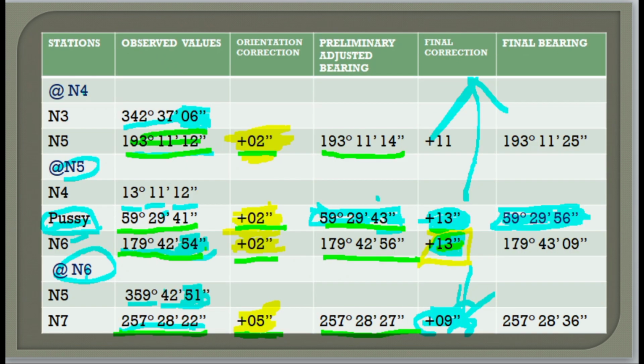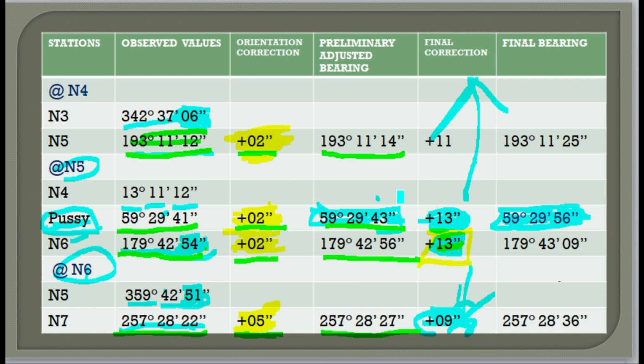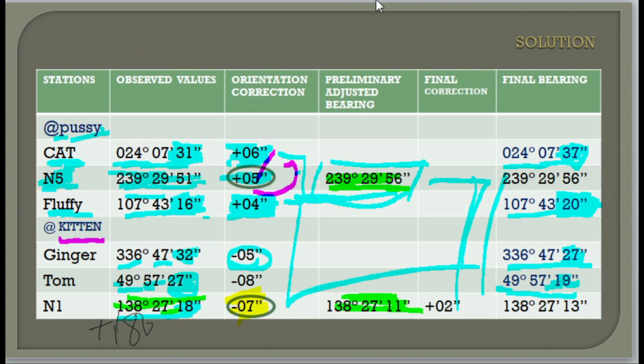By the use of a calculator, you go ahead and you divide 13 by the number of stations, 6, and you get 2.166. That is the value that you round off and input starting upwards.